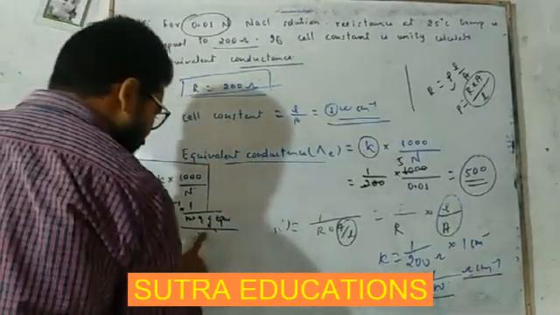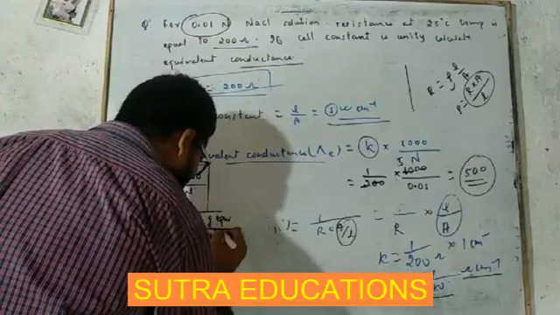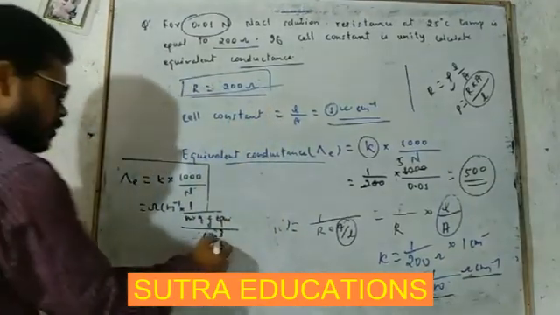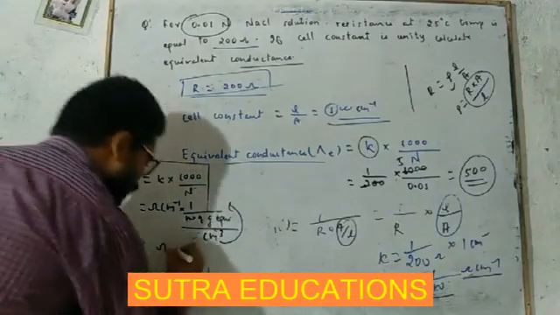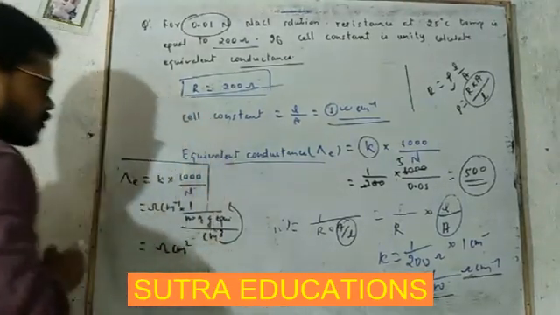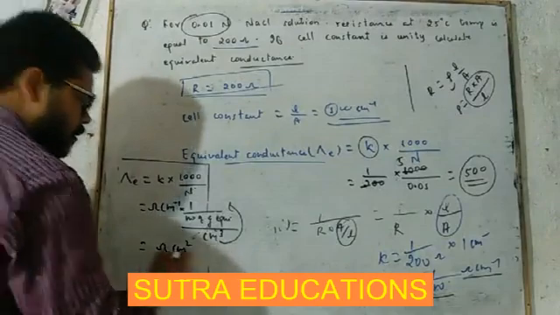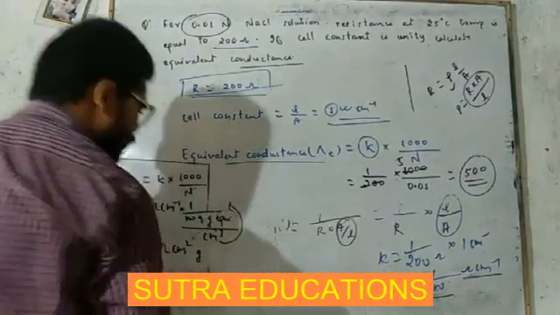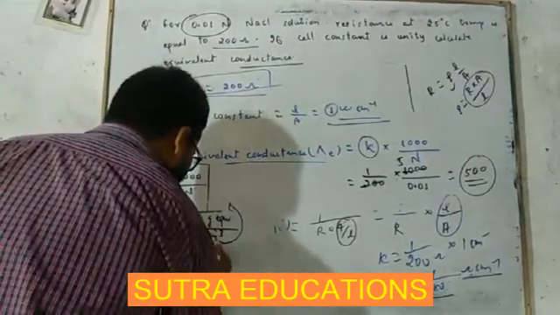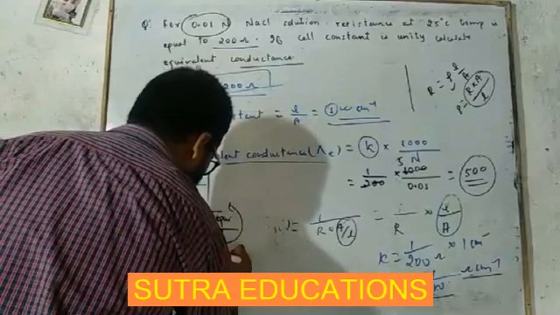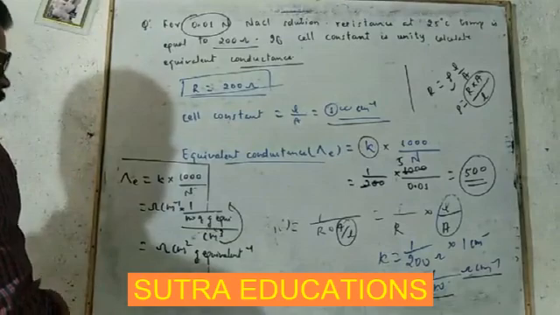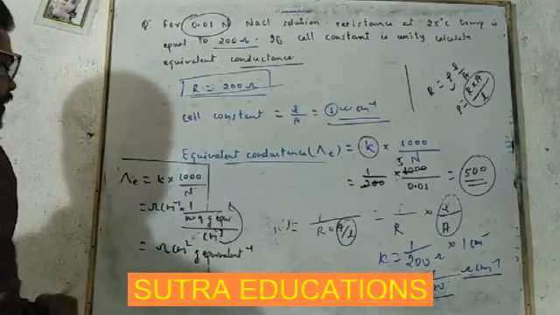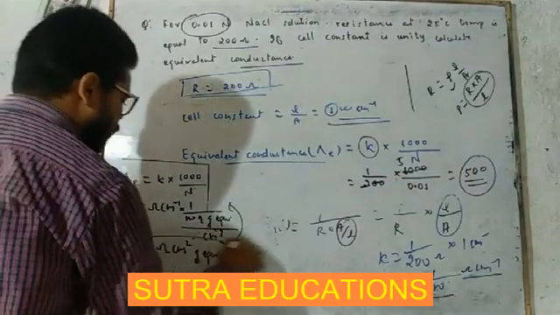So we can say this is cm cube, in liter means cm cube. So finally we will get ohm centimeter square gram equivalent inverse. This is the unit of equivalent conductance.